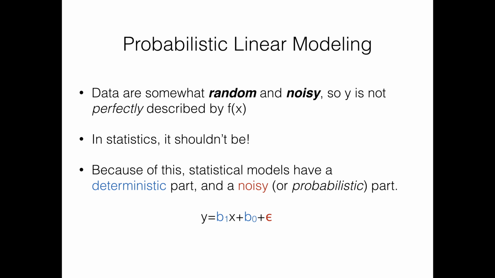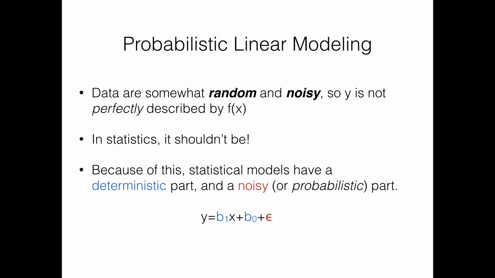And so, another way to write the linear model: previous to this point, I have given you only equations for the best fit line. That was y equals b1x plus b0. I've appended here on the bottom of this slide this additional component. It says plus epsilon. And so what does this mean? Well, this epsilon feature is called a random variable. It captures the fact that y is not perfectly known from some input x.